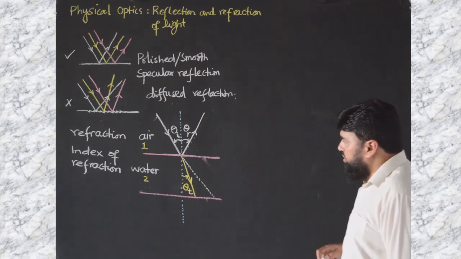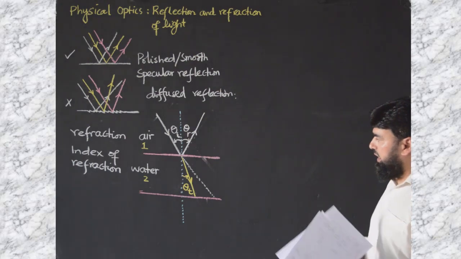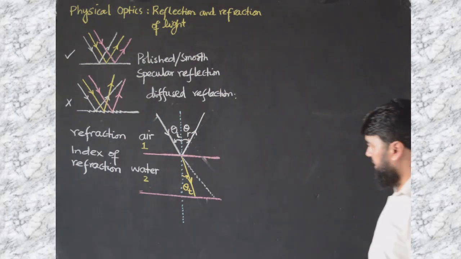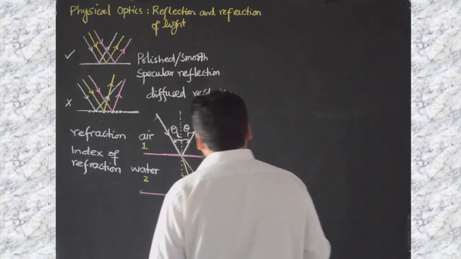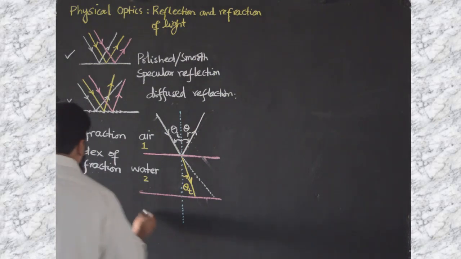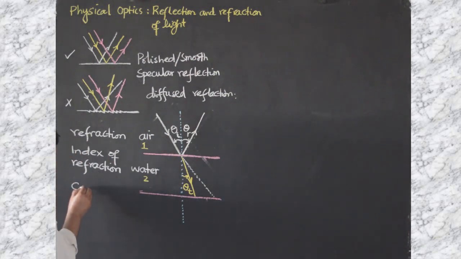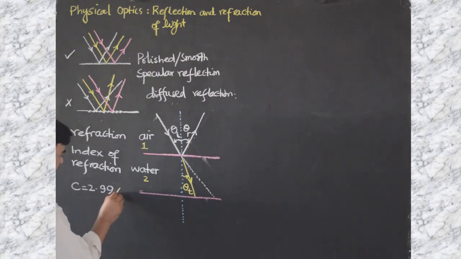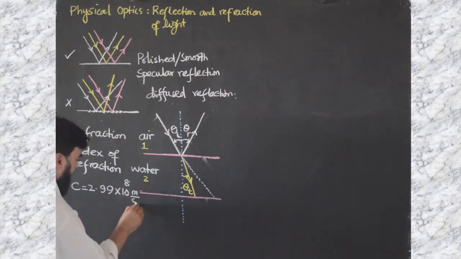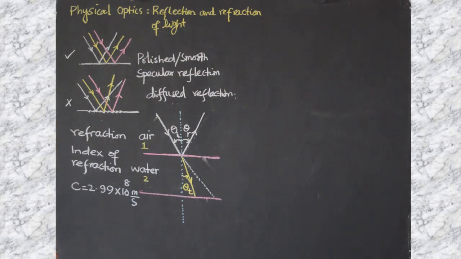Now when we consider light, we know that light travels at a constant speed, and that speed is c equals 2.99 times 10 raised to the power 8 meters in 1 second.